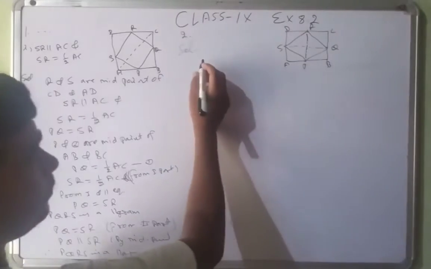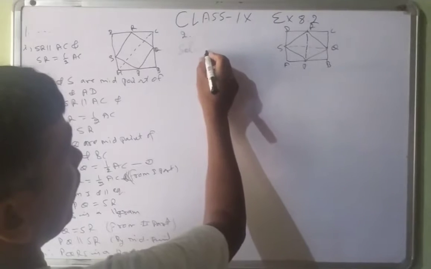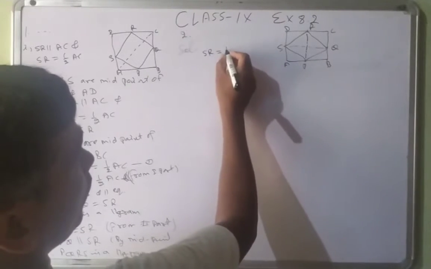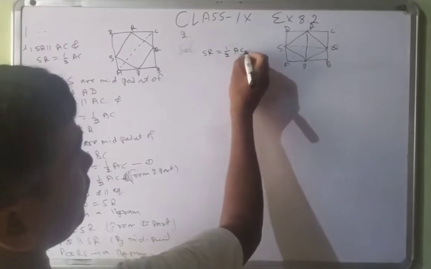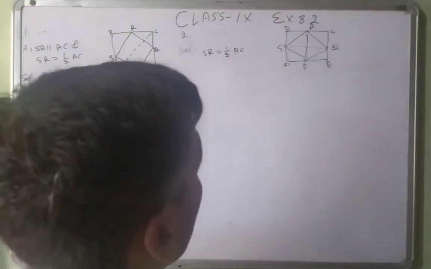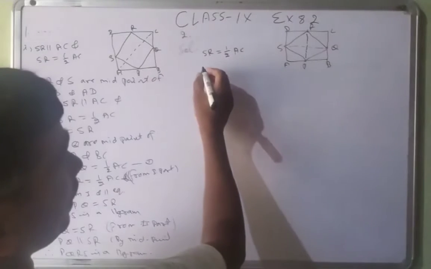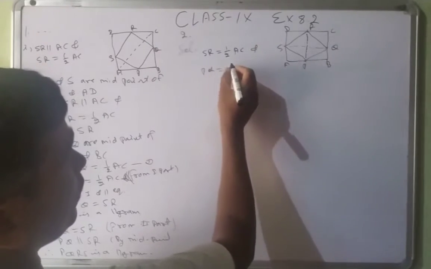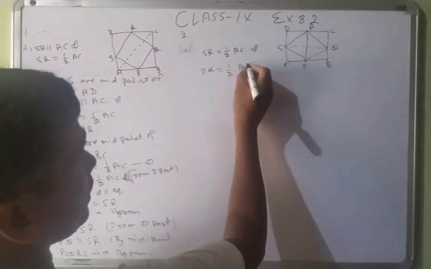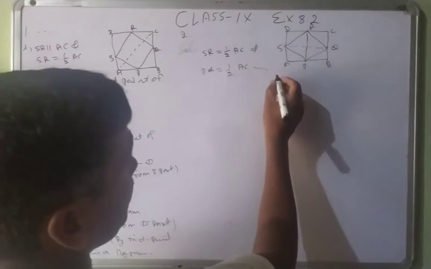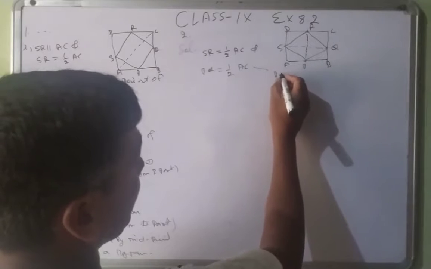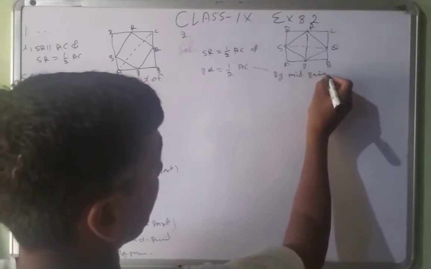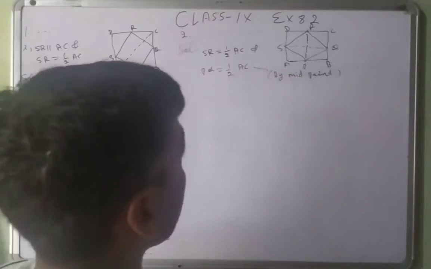We know that SR is equal to half of AC and PQ is equal to half of AC, by the midpoint theorem.